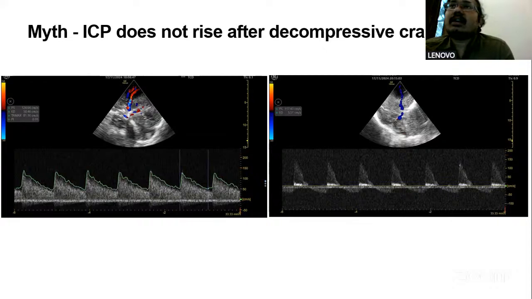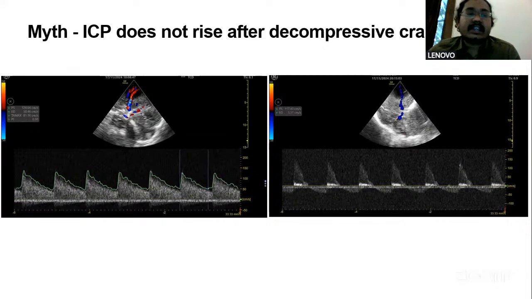Now the decompressive craniectomy is done, and the thinking is there is no issue of raised ICP. But it is a myth that ICP does not rise after decompressive craniectomy.